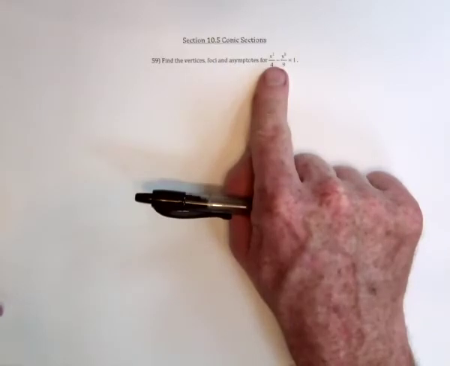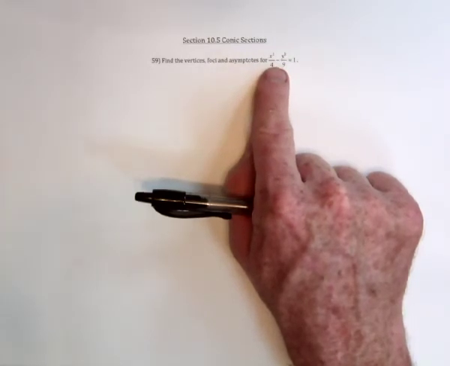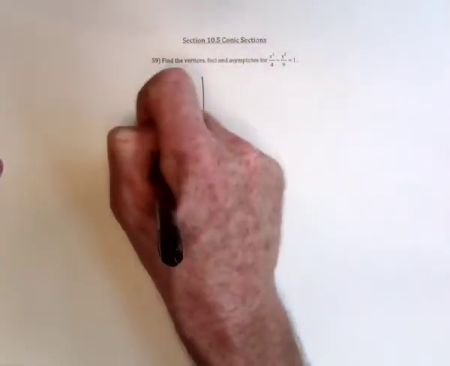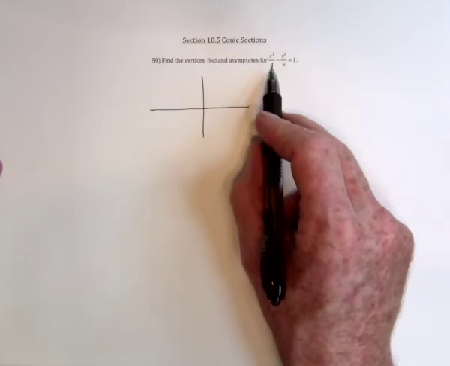When there's x squared and y squared, we're going to have an ellipse or a hyperbola. With subtracting, it's a hyperbola. So for the x-axis, we're going to take the square root of this, so plus or minus 2.